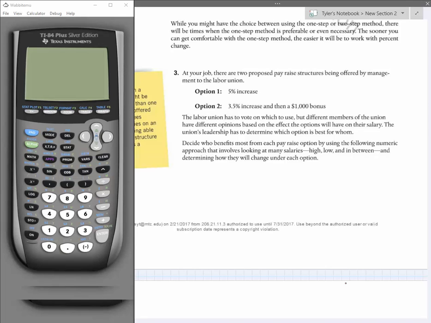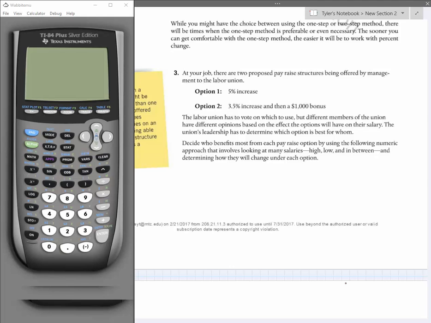This scenario is very useful because if I was in charge of this labor union, I would want to see how this affects people. Money is very important. You don't want to take an option where you end up making less money. Obviously, the goal for most people is to make more money.